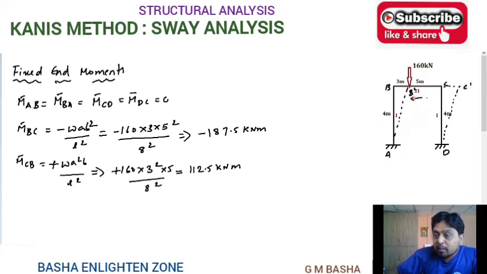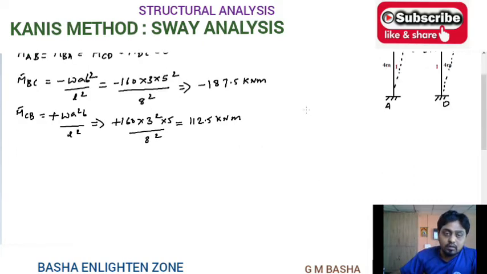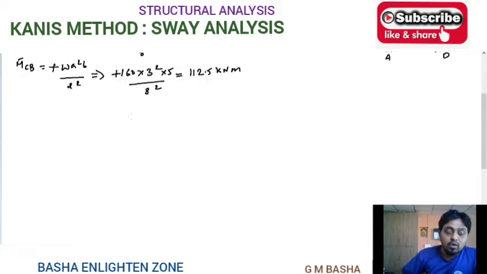The beam of 8 meters will remain the same, so the changes happen in the columns. The sway leads only to the column. So we have to find displacement factors for the vertical members, that is both AB and CD. So take down both rotation factors and displacement factors.